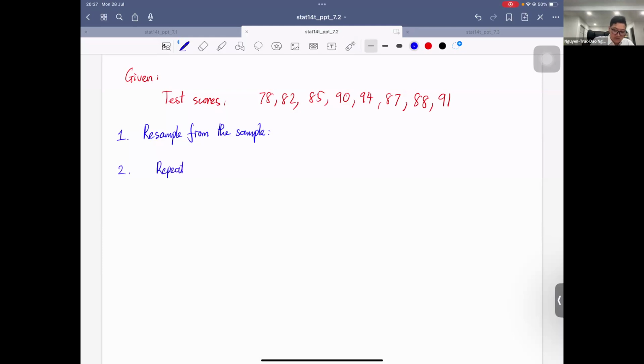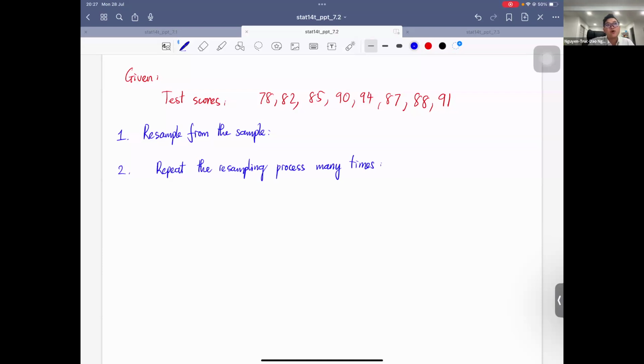Repeat the resampling process many times. Usually we can do around 1000 or more times.